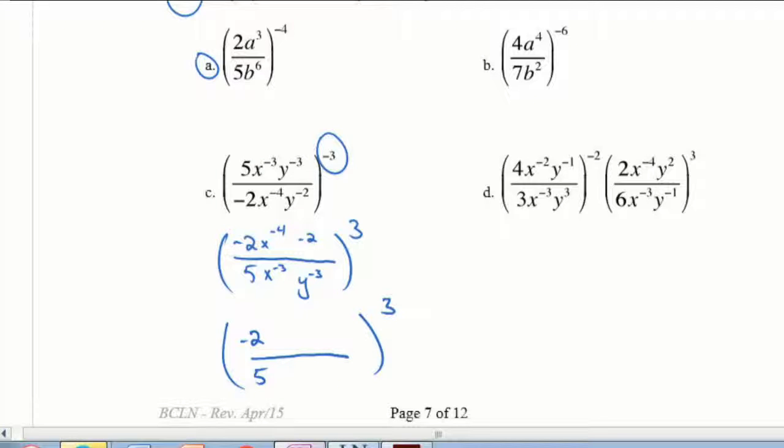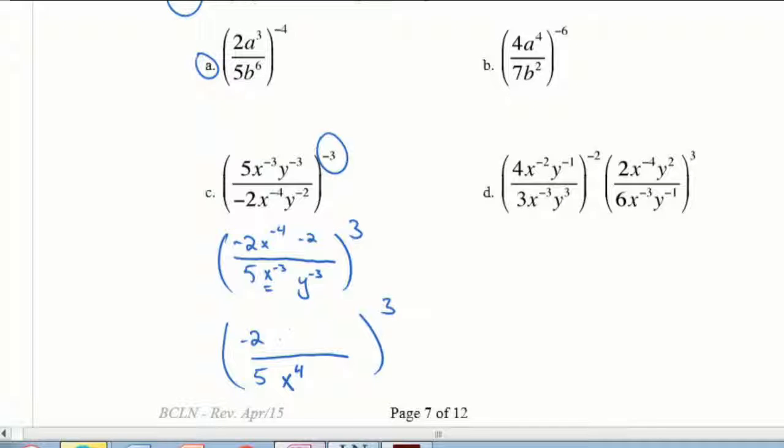So let's start with this x to the negative 4 here. It was on the top, it was negative. If I want to make it positive, I'm going to take the reciprocal. So x to the 4, I'm going to put it on the bottom. That is the reciprocal. I could write it out in a bunch of steps and have 1 over x to the 4 and multiply it in, and it would just end up back there again.